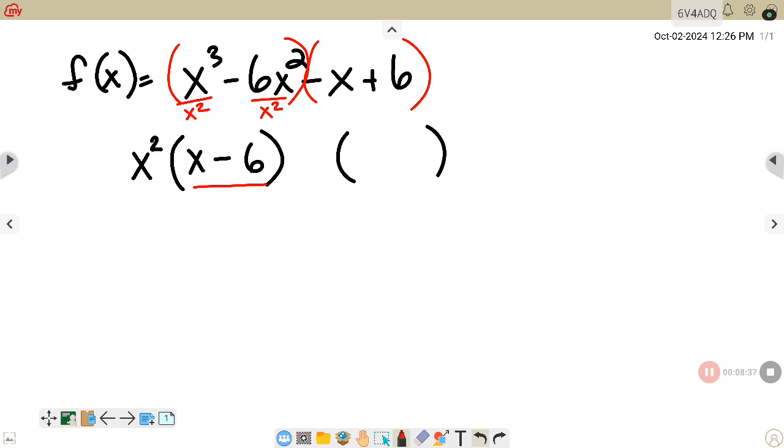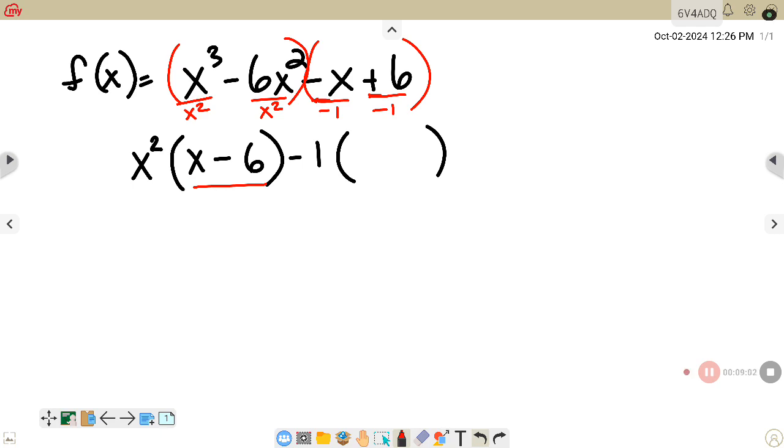If your signs are already the same as the first parenthesis, so a +x and a -6, when I look here, I notice that they're the exact opposite. So I need to change the signs, which means I need to pull out a -1 so that I can divide both of these by -1 and change their signs.